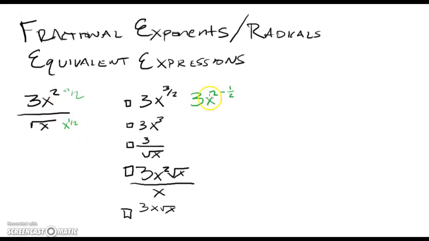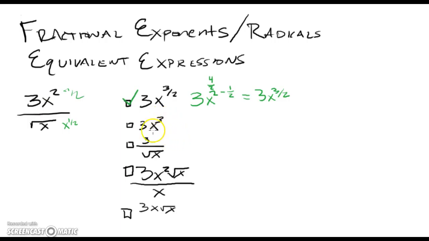So that's what's going on with this top one. When I subtract those, it's the same thing as 4/2 minus 1/2, because 2 is the same thing as 4 divided by 2. And that becomes 3x to the 3/2. So is this a possible solution? Yes, it is. Move on to the next one.